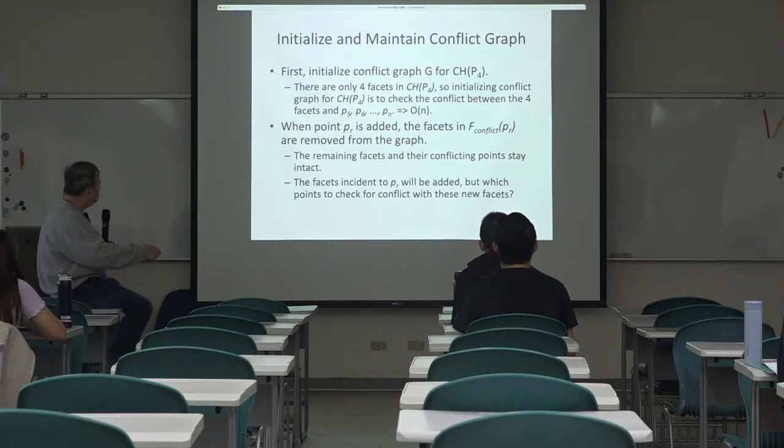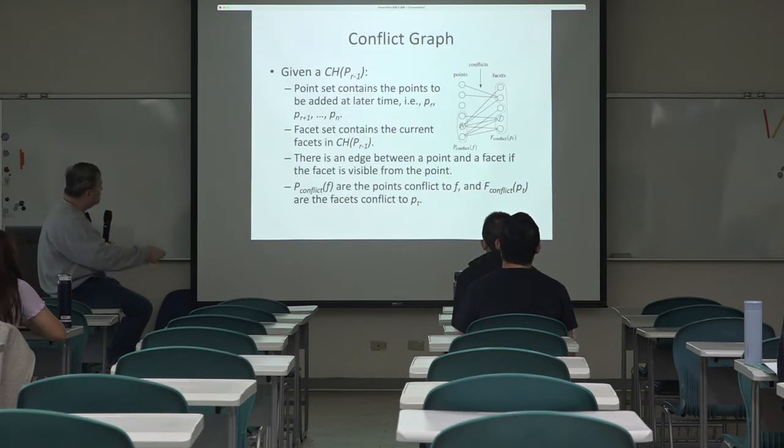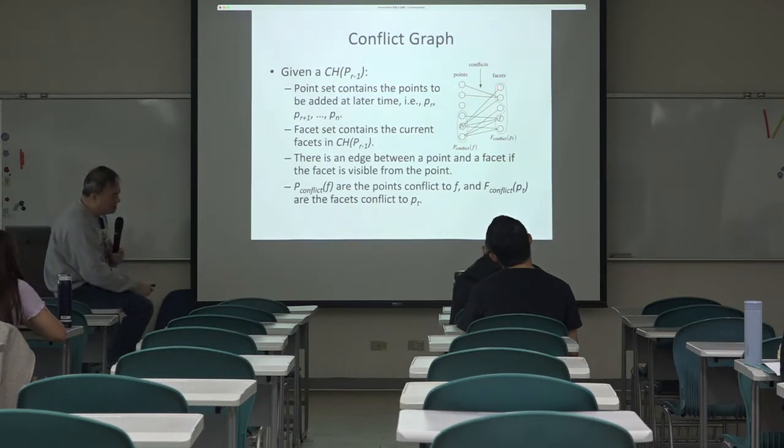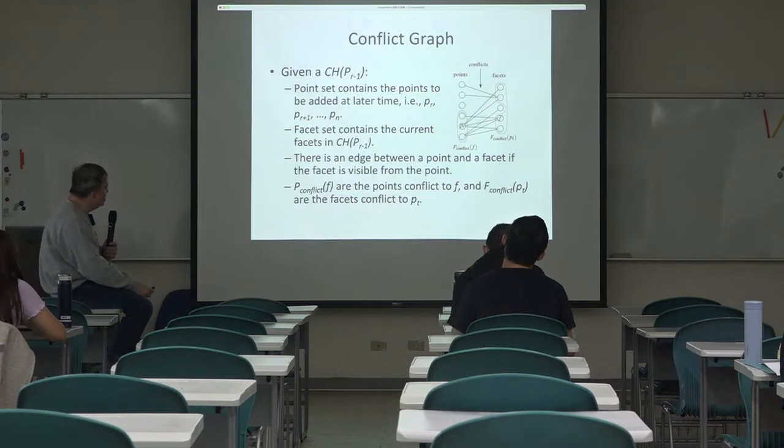So for the point set, you have P5, P6, and so on to Pn. But for the faces, you have 4 faces. Since you have 4 faces and n minus 4 points, for each point you check if it conflicts with those 4 given faces.